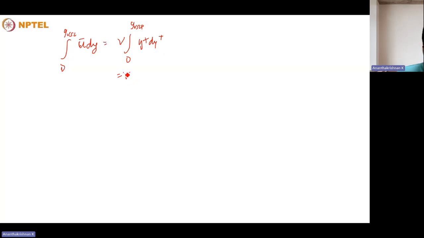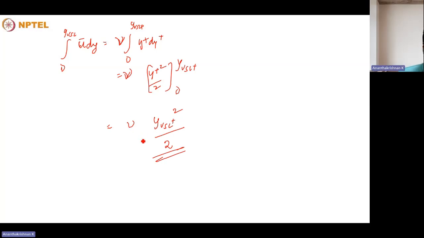So it will be nu times y plus squared by 2, from 0 to y VSL plus. So it will be nu times y VSL plus, the whole square, divided by 2.